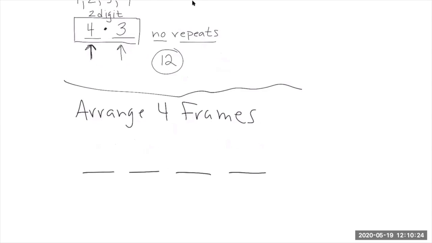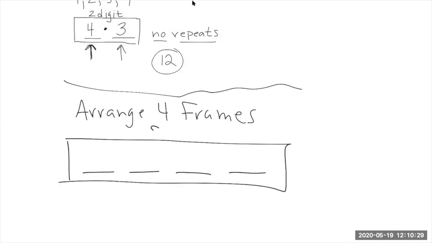So if this is your shelf and you have 4 frames that you're trying to put on this shelf, you'd have 4 options for the first one. And then obviously you can't repeat the same picture frame if you put it in that first spot. So you'd have 3 frames for the second spot on the shelf, and then 2 frames for the third spot, and then you'd have 1 frame for that last spot on the shelf.